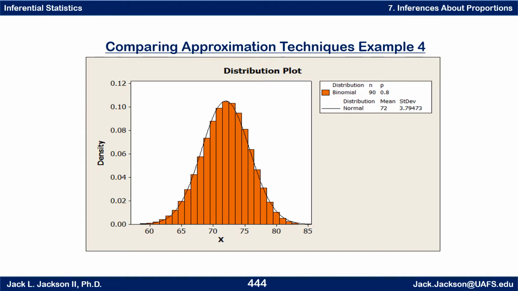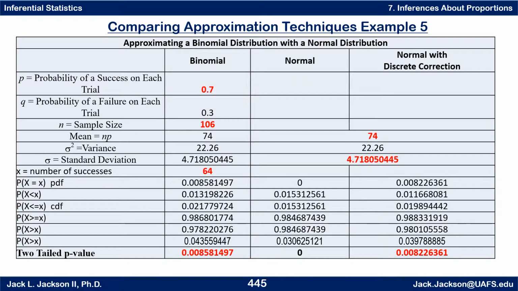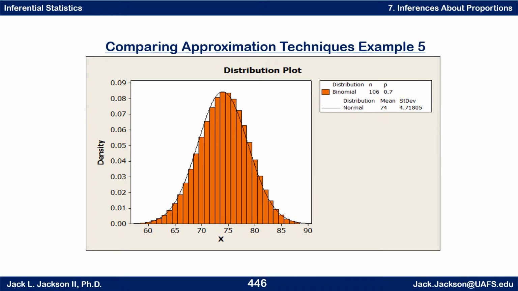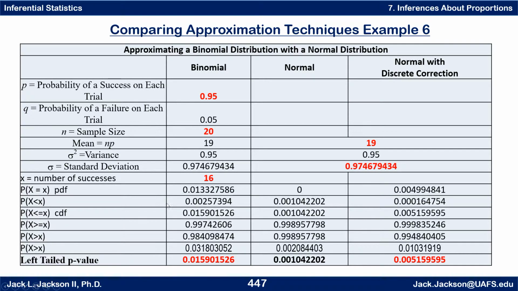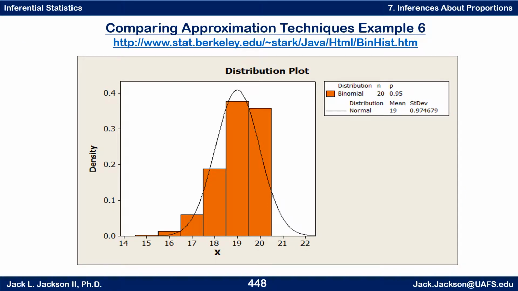That's comparing the normal and the hypergeometric and the binomial. Here's another comparison. If you'll notice, when we get a bigger sample size, these start to line up a lot better. There's another one to look at. There's another example.